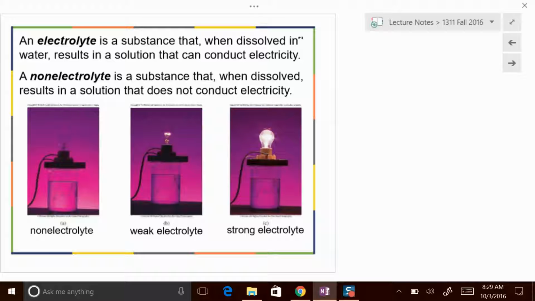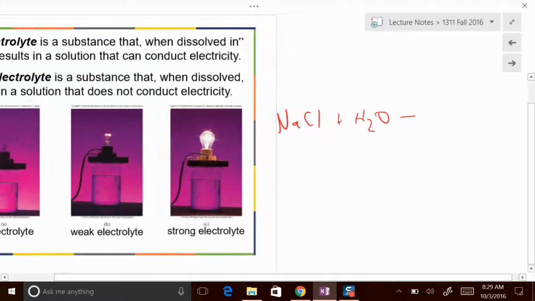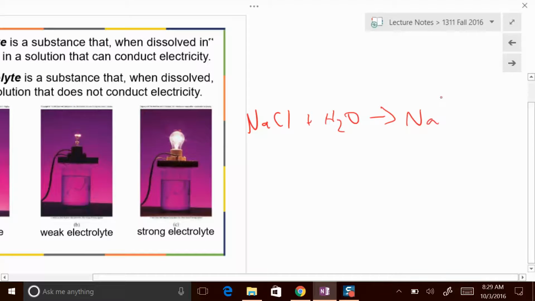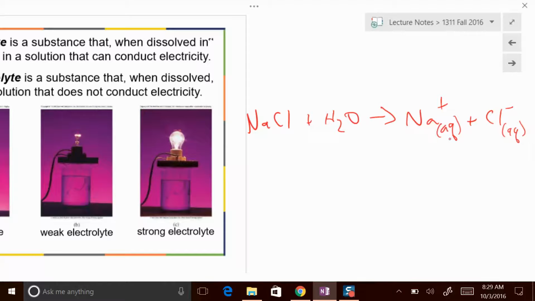Sodium chloride, when you put it into water, dissolves into Na plus and Cl minus. And we say this is aqueous now, because they are separated in a homogeneous solution throughout the entire water. Okay? So this is my solvent, this is my solute.